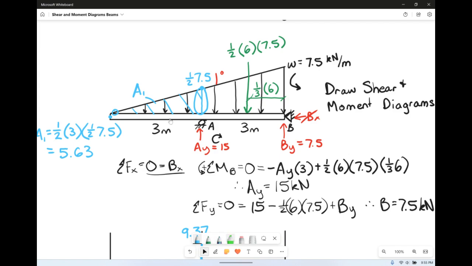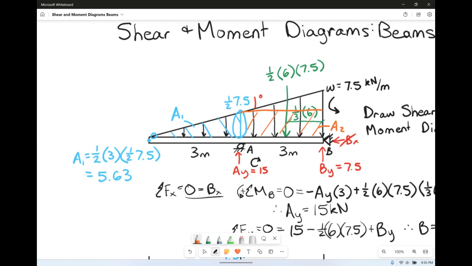Now we're going to break this up into two parts, since we need to find the area of this. We're going to call this area A2. A2 is a rectangle, so the base is 3.